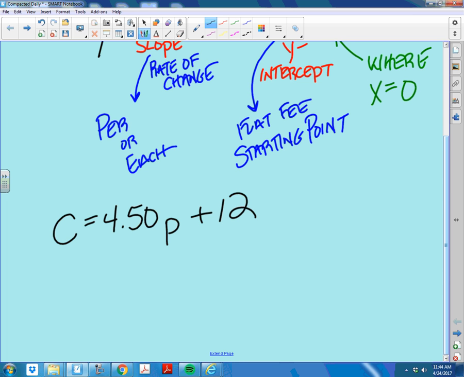Now, if you think about graphing this, where would we start to graph this, Brendan? 0, 12. So we would start at 0, 12. And Jaden, from there, how would I get to my next point?